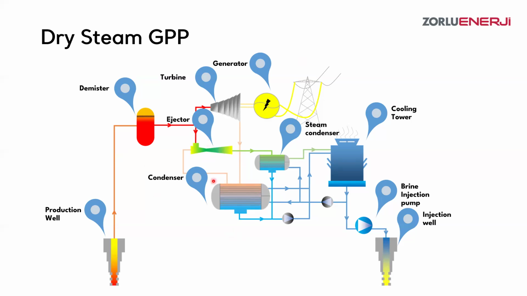You have ejectors to remove non-condensable gases. You have condensers to condense the remaining gas after the heat transfer or the expansion in the turbine. You have a cooling tower to cool down all the processed water. You have a steam condenser to eliminate the gas in the last stage of the production. And you also have brine injection pumps and the injection wells to support your pressure in the reservoir.